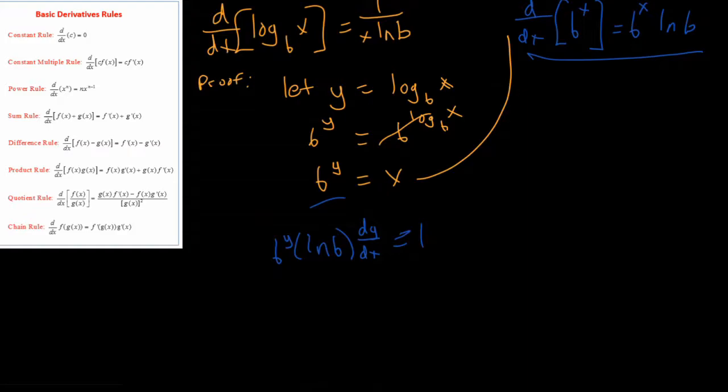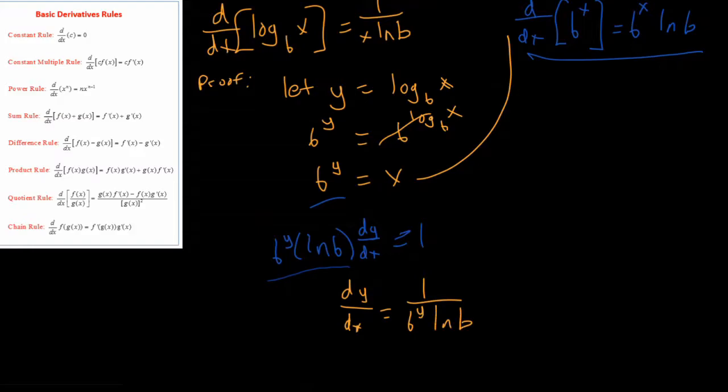So now we can divide both sides by b to the y ln b here, and that's going to yield the equation dy/dx equal to 1 over b to the y ln b.